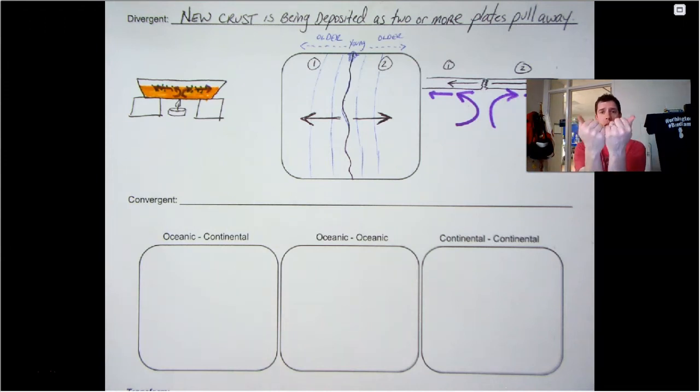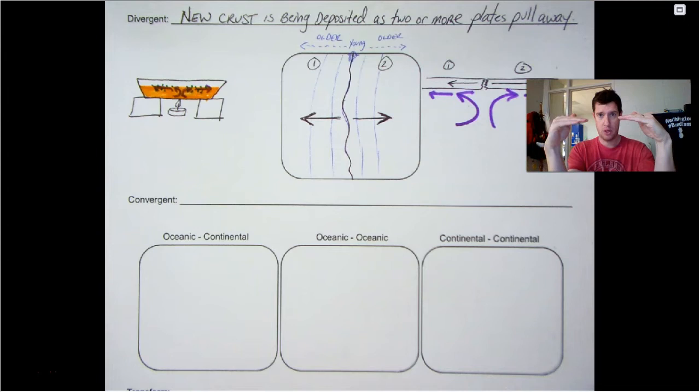So if divergence is this way, then that means convergence is this way. So when these plates run into each other and keep running into each other, you see what's happening?